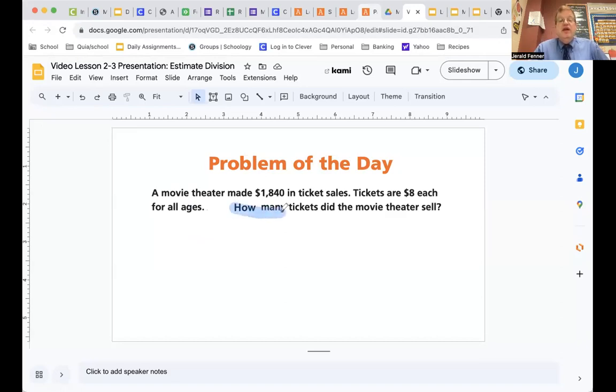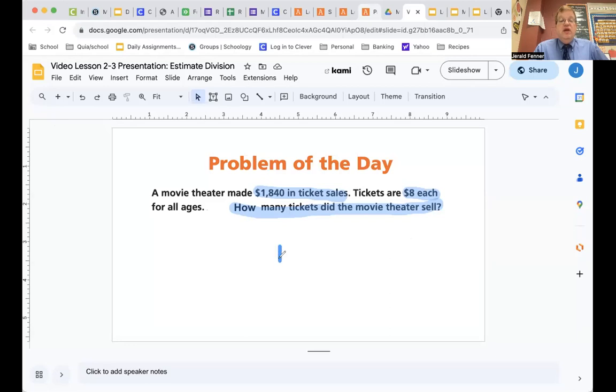The question is, how many tickets did the movie theater sell? After we find the question, we want to know what are the numbers. So it's $1,840 in ticket sales and $8 each. That little word right there gives us an idea that this is going to be a division problem. So we are going to be dividing.